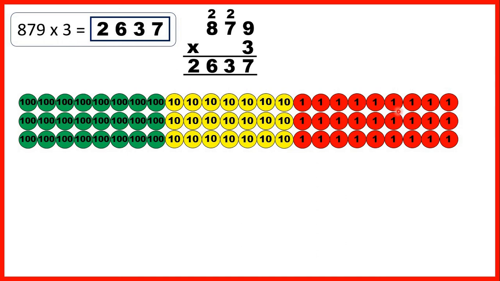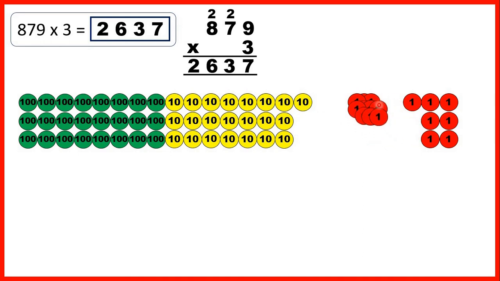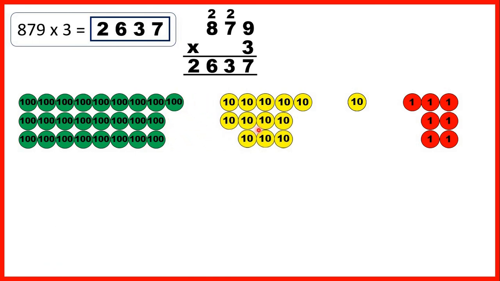Now we have 27 ones, but we can regroup those into 2 tens and 7 ones. So the 2 tens that we've regrouped can be written above our tens column, and the 7 ones goes in our answer. But now we have 23 tens. We can regroup those into 2 hundreds and 3 tens.